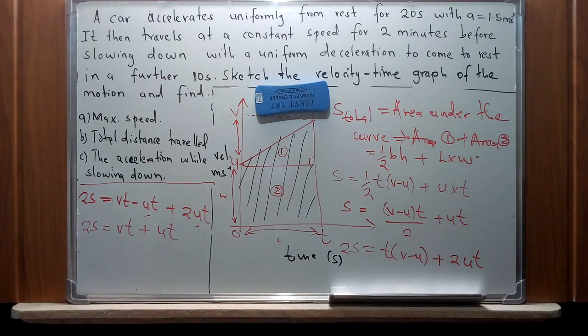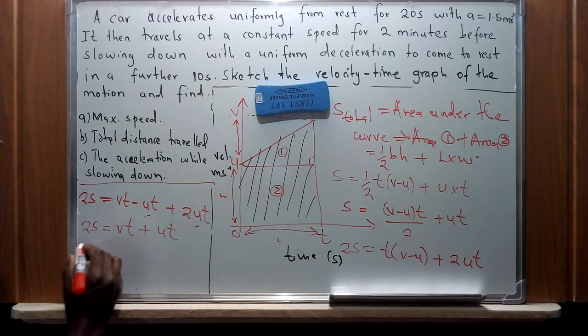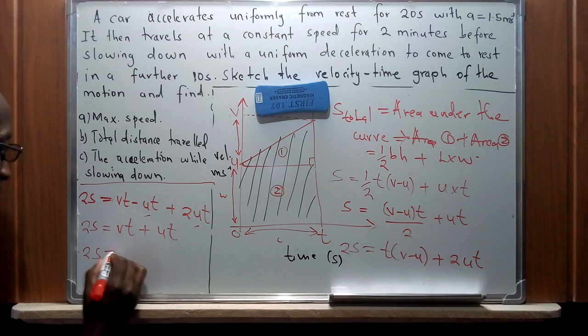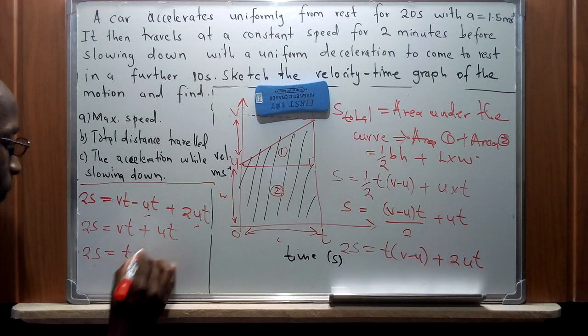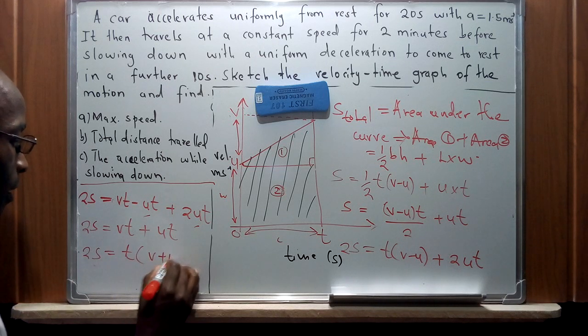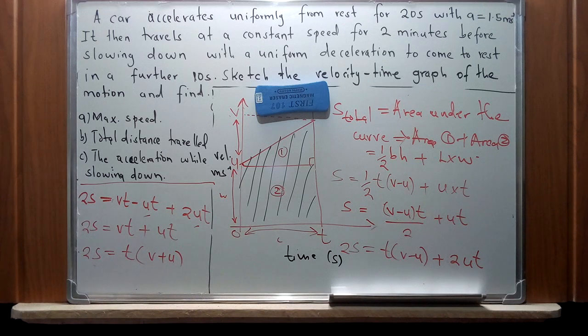Looking at this, t is a common factor for the right side of the equation. Then we can simplify it and say 2s equals t into v plus u. So making s the subject of the formula, we divide by the numerical coefficient, which is 2 over 2.